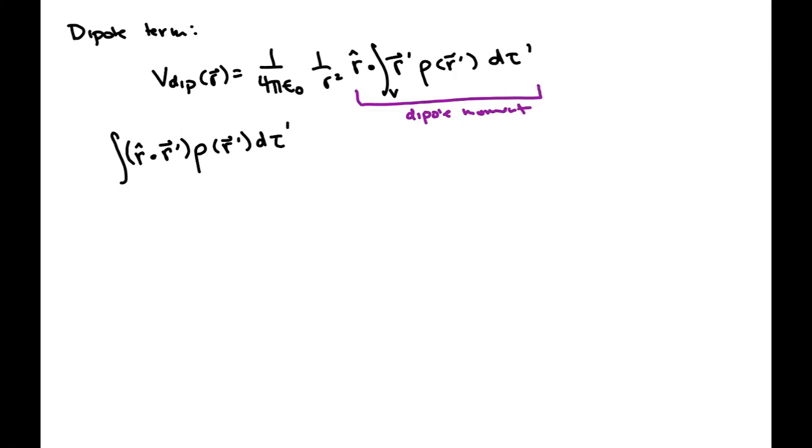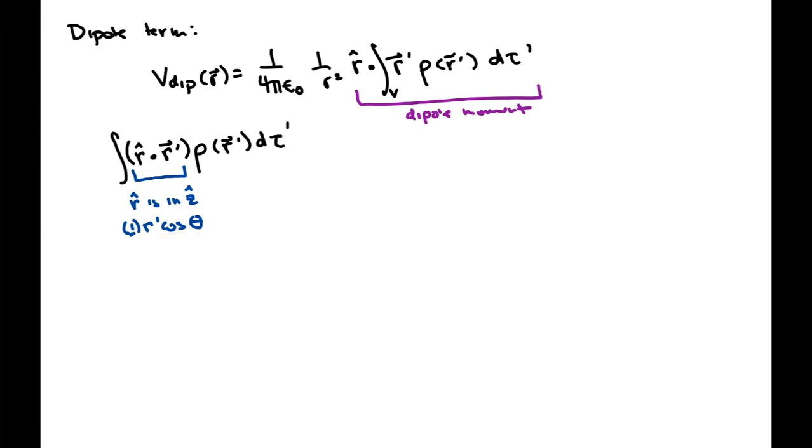Okay, this little bit right here, this dot product, the way that I have my coordinate system lined up, r hat is in the z hat direction. So this is going to be equal to r prime times the cosine of theta. This is the magnitude of the r hat vector times the magnitude of the r prime vector times the cosine of the angle between them.